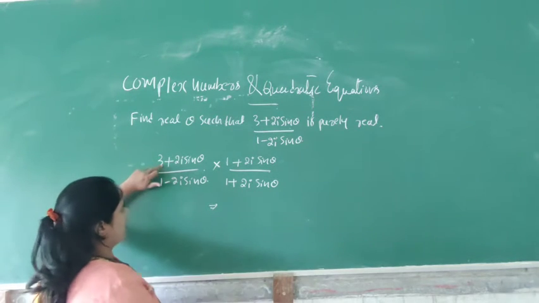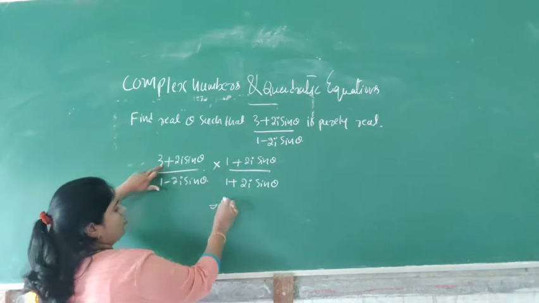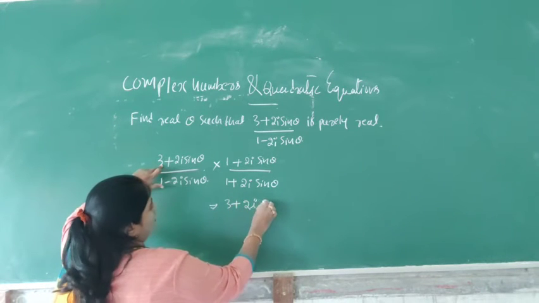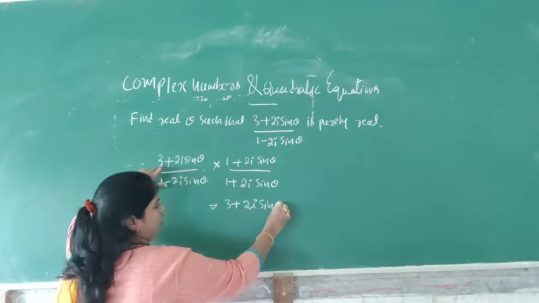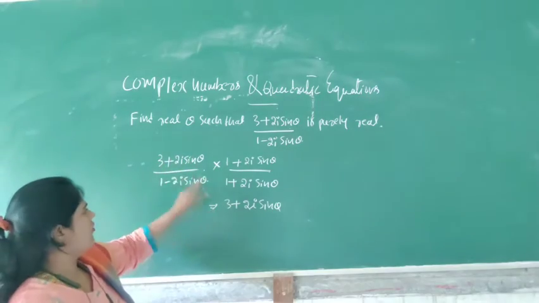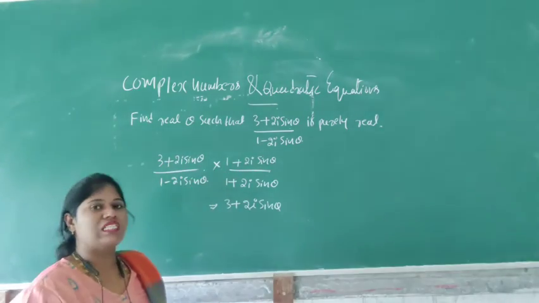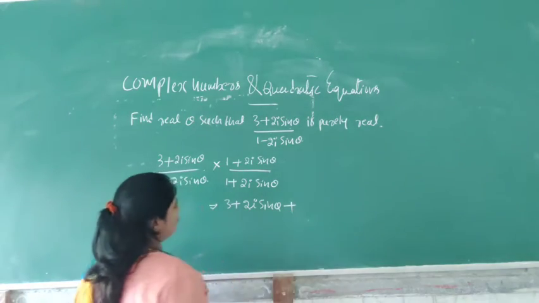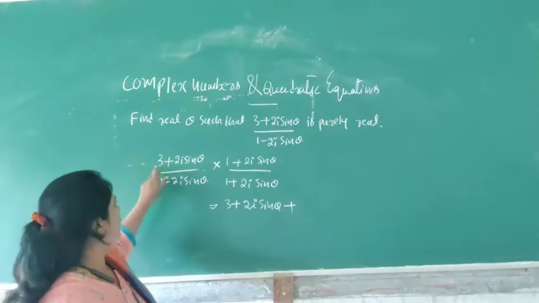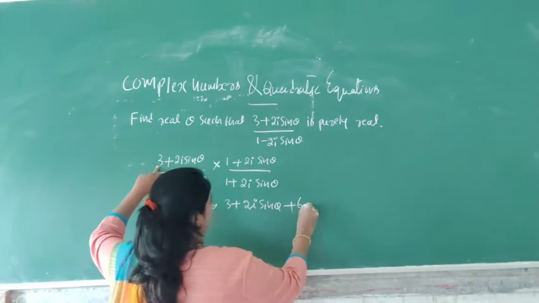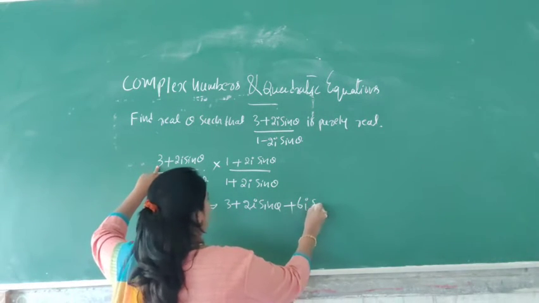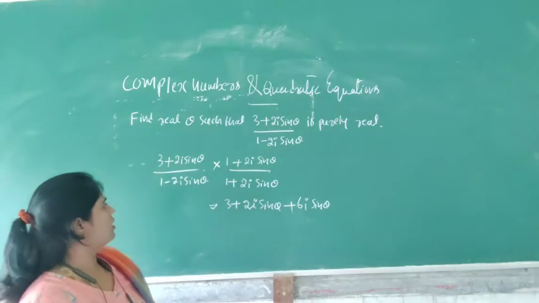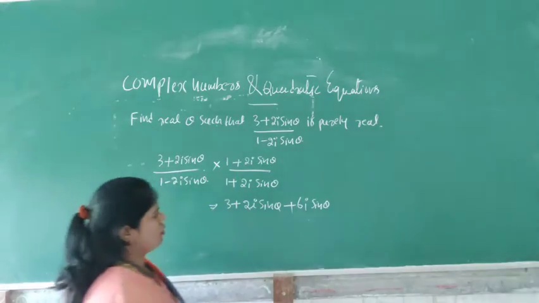So you write like this. 1 into 3 is 3, plus 1 into 2i sin theta is 2i sin theta, plus 2 3s are 6, 2 3s are 6i sin theta.